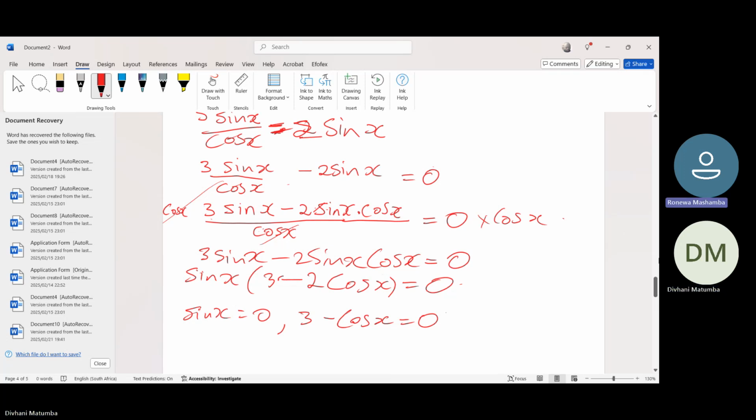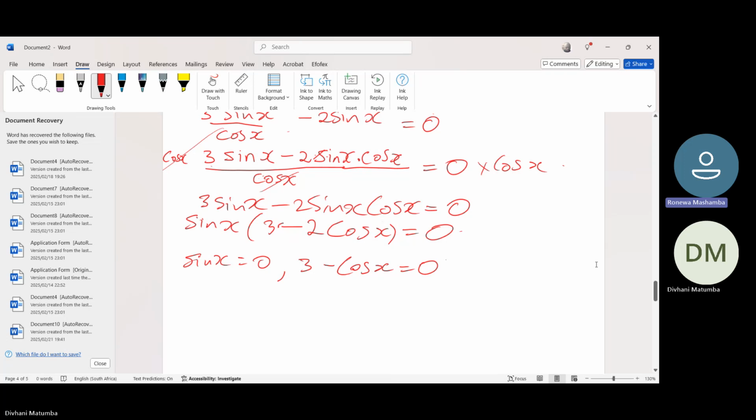Okay, and then on that side, x is going to be 0 because arc sine 0 is equal to 0. You agree? Yes, sir. Okay, so your angle will be 0.